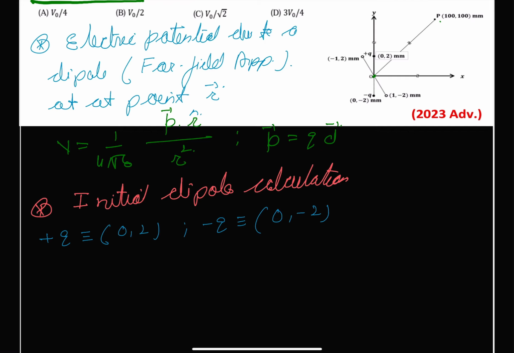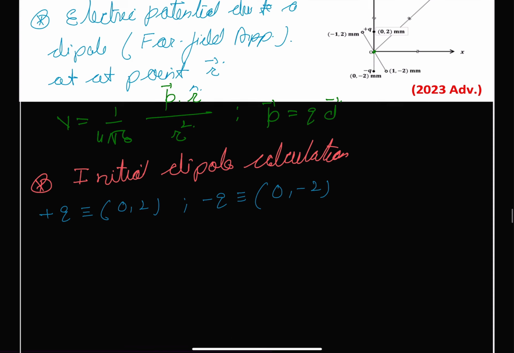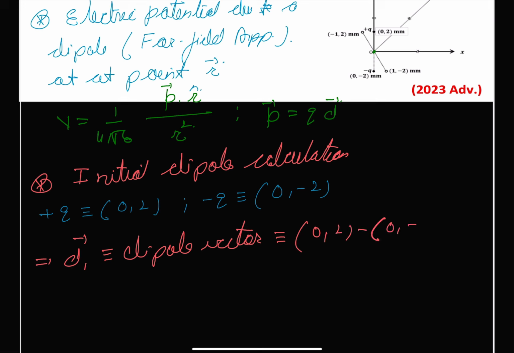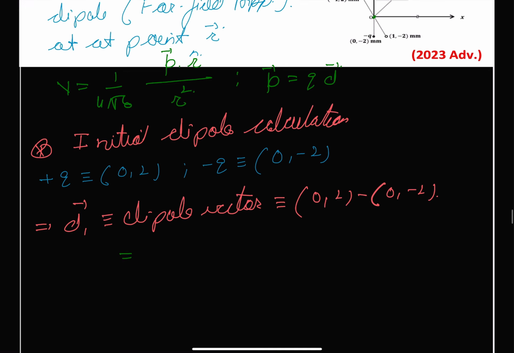Therefore, we can find out our d1, which for the sake of convenience we can call the dipole vector. We can find it as (0, 2) minus (0, minus 2), and this gives us (0, 4). Please remember these are in millimeter.